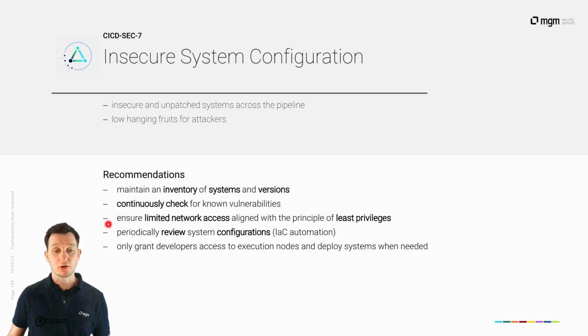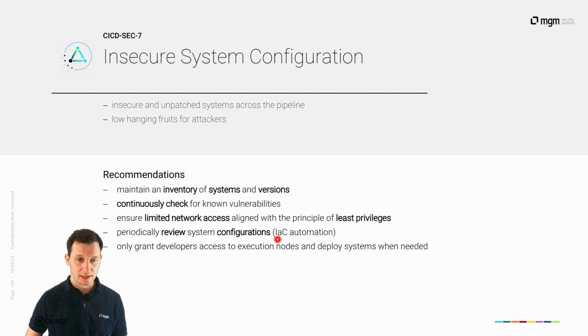You could also set up infrastructure as code automation for your configuration to make sure that it was not changed and that it always matches secure best practice. What we do, for example, is use Ansible scripts to make sure we always have a secure configuration of all our servers.